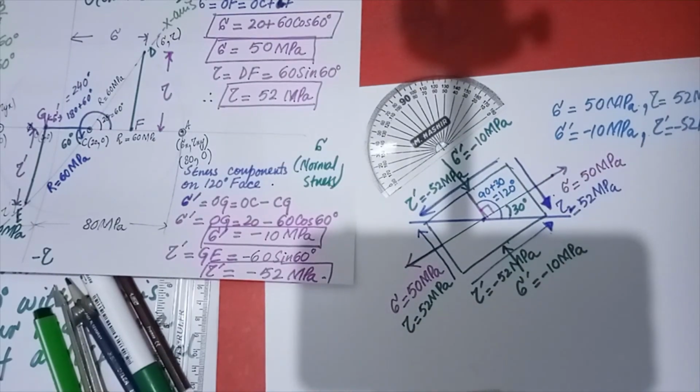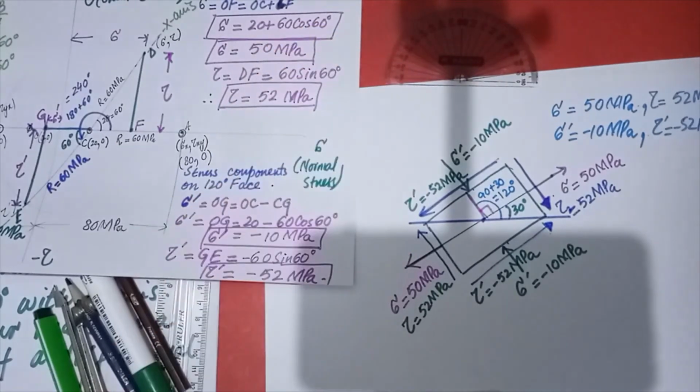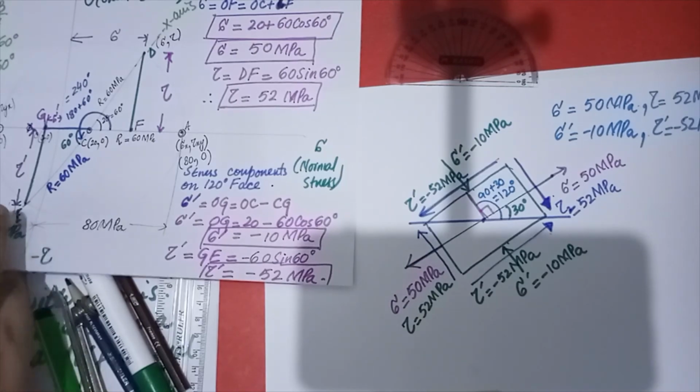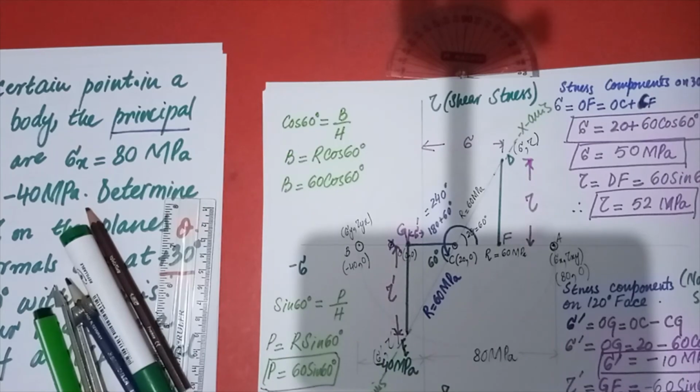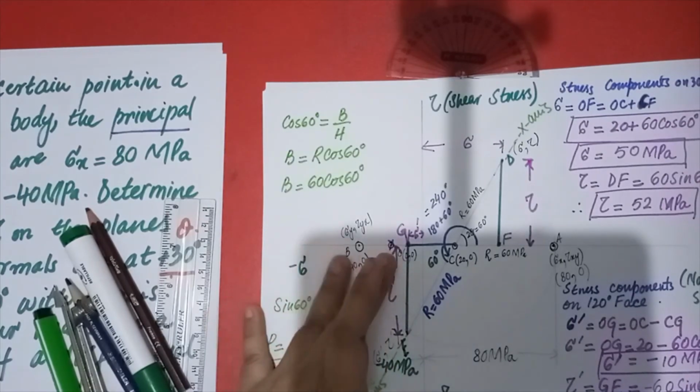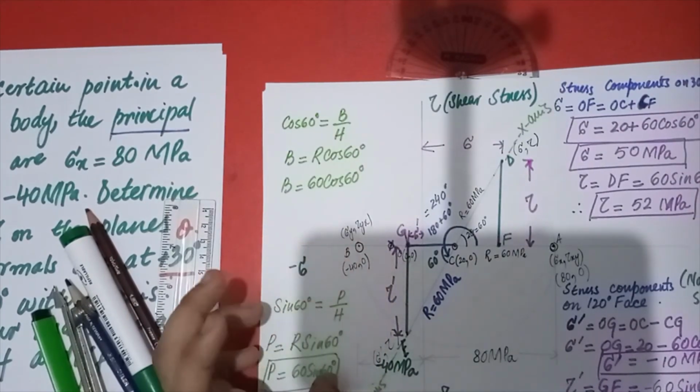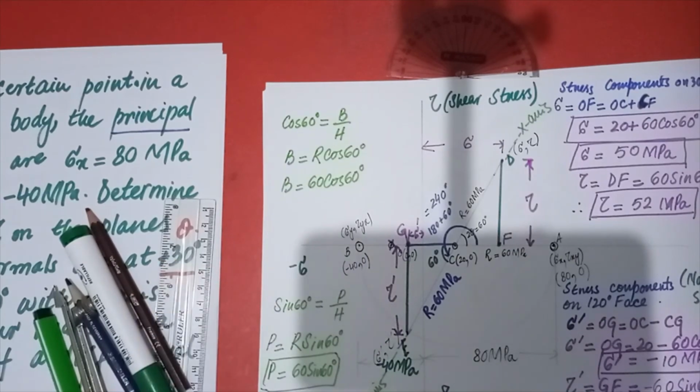So what does it mean by that? You are getting the other face by adding: 90 degrees plus 30 degrees equals 120 degrees. This is the easiest method to follow, and you can measure it with a scale to verify whether your answers are correct or not.